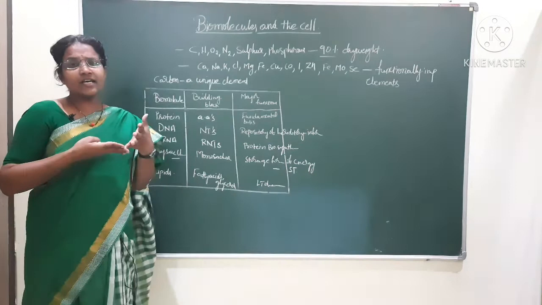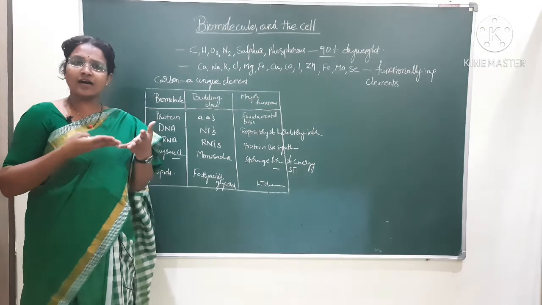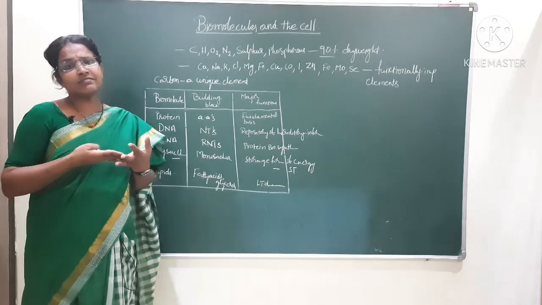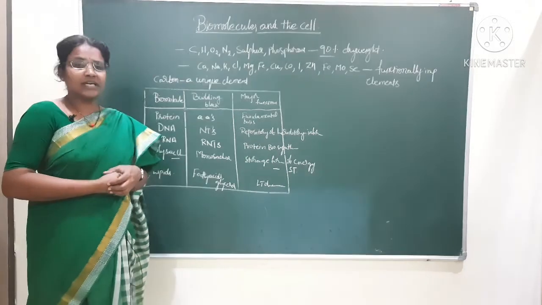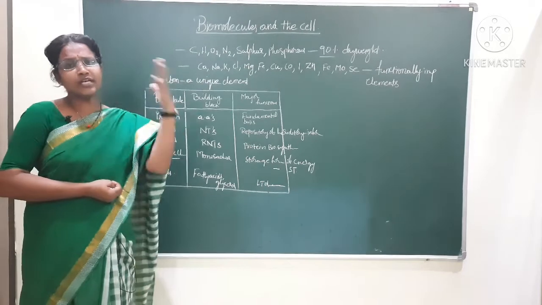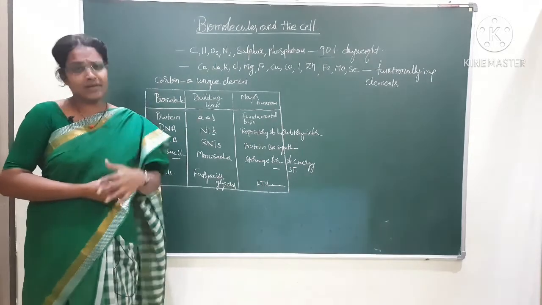If you take DNA, deoxyribonucleic acid, it is also made with carbon, hydrogen, oxygen, nitrogen, phosphorus, and the different nitrogenous bases also present in the nucleic acids. Any component you take is made with different types of elements.